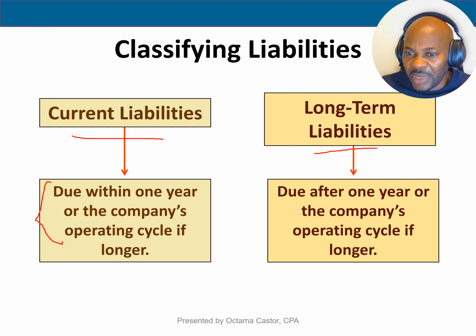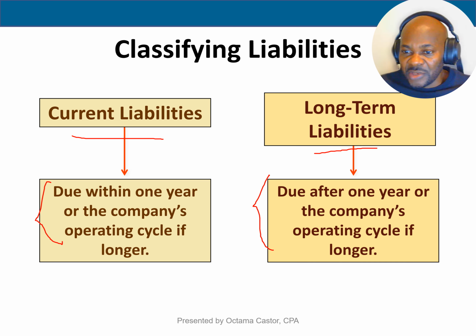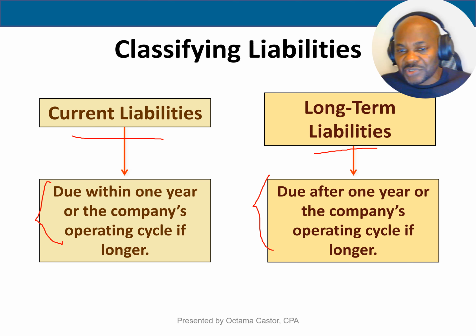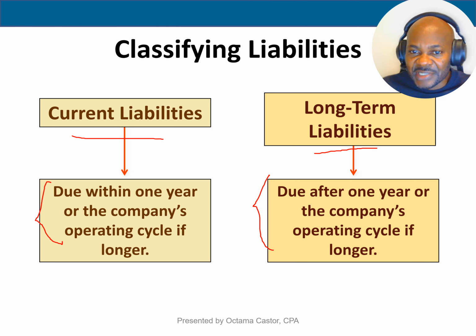And long term liabilities are liabilities that you have to fulfill within a period that is longer than a year. So if you owe some money and you have a period more than 12 months to pay for it, it is a long-term liability. So on your balance sheet, you have two sections. One section lists your current liabilities and the other section lists your long-term liabilities.